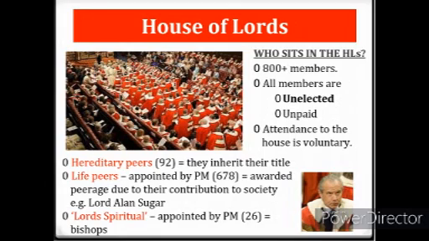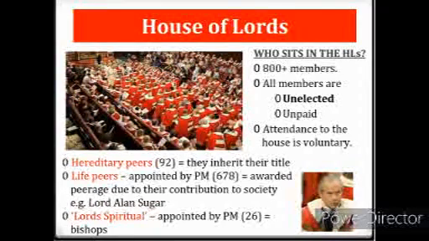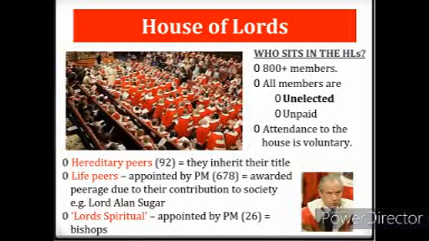So basically there are 3 types of peers in the House of Lords. You have what are called hereditary peers. So these are people that inherit their title down the family.